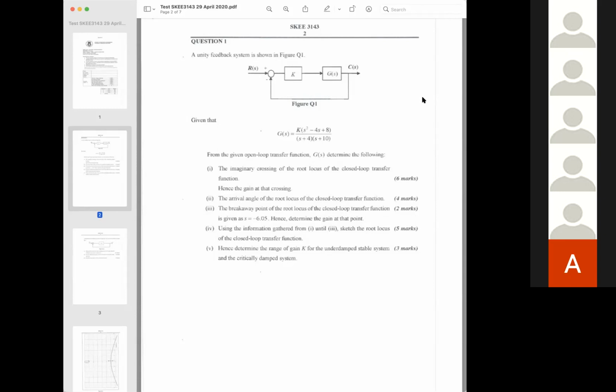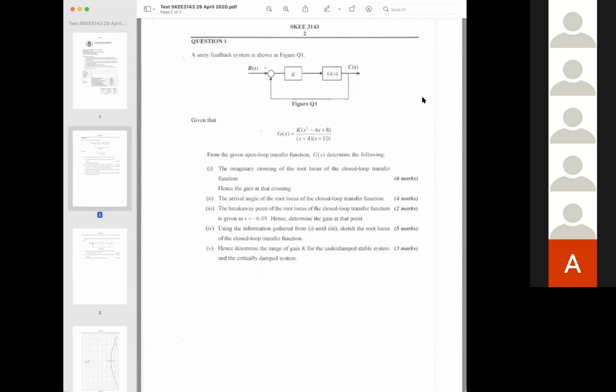So we're going to find the imaginary crossing of the root locus of the closed loop transfer function. So we have to find the closed loop first, isn't it?